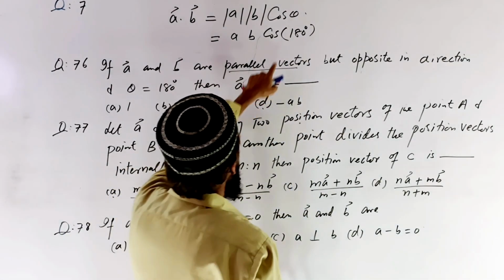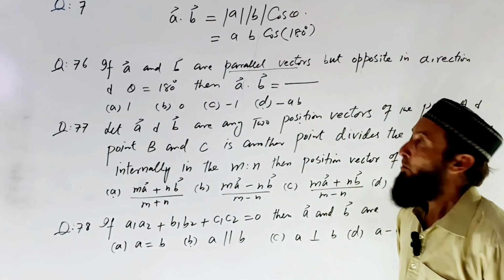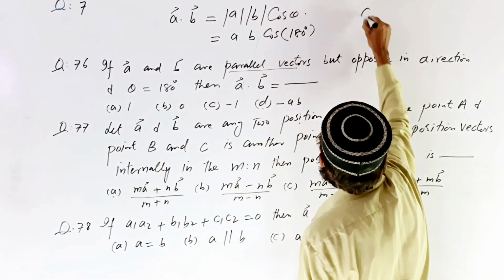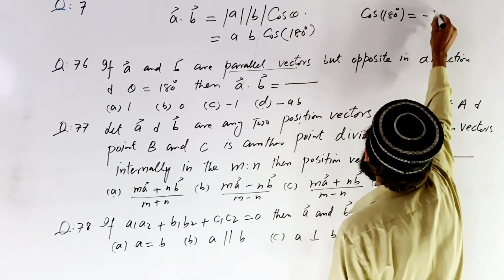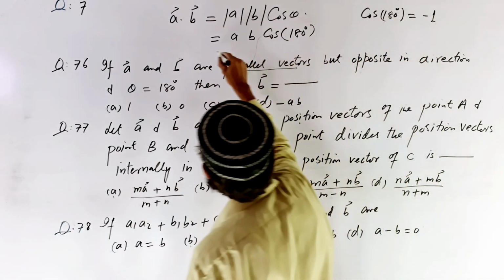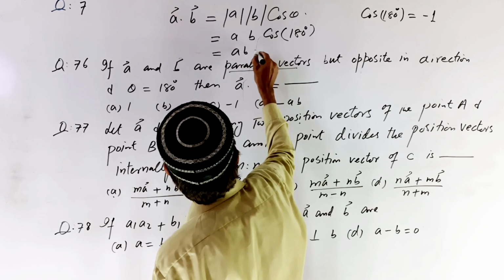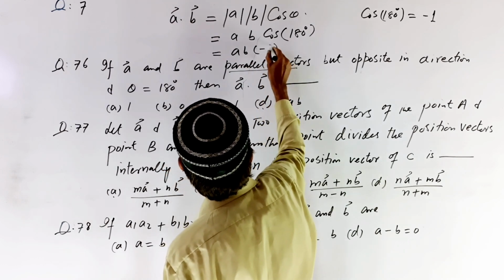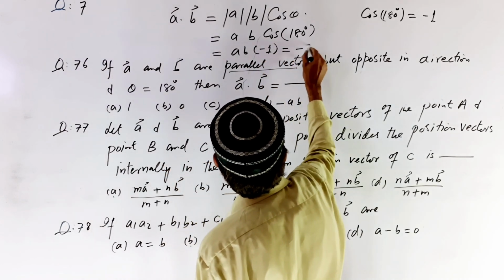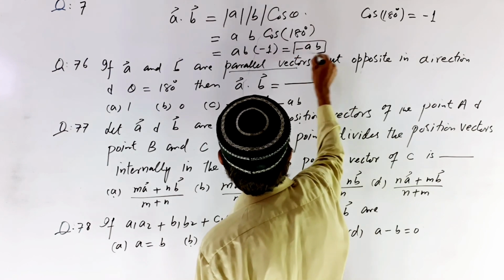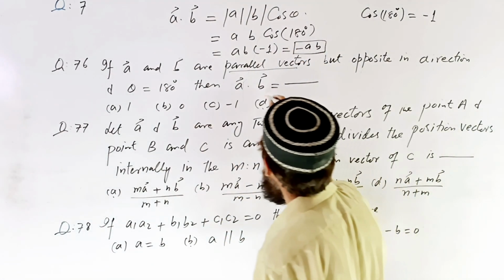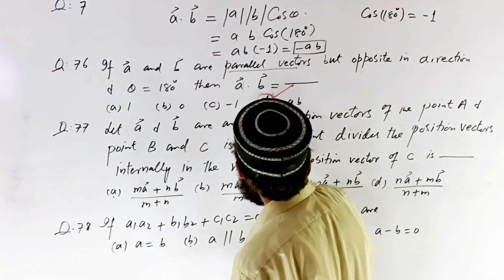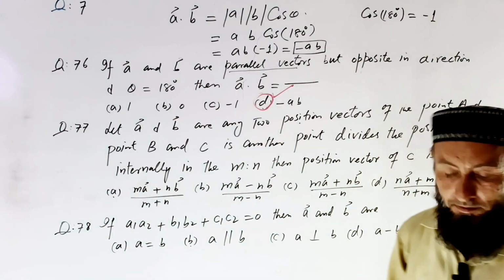If we calculate and check by calculator, cos 180 degrees is equal to minus 1. So we substitute this result: AB into minus 1. So we get here minus AB. The correct answer is minus AB. D option is the correct answer.